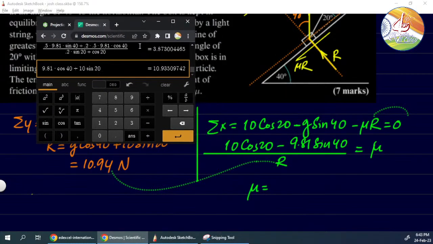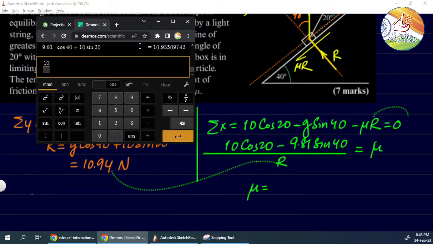This value: 10 cos 20 minus 9.81 sine 40. Did you get it?